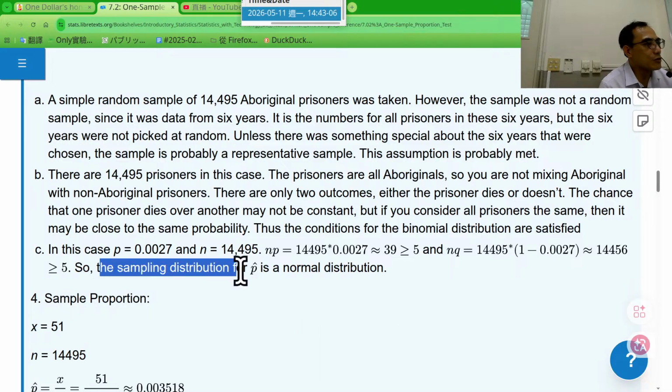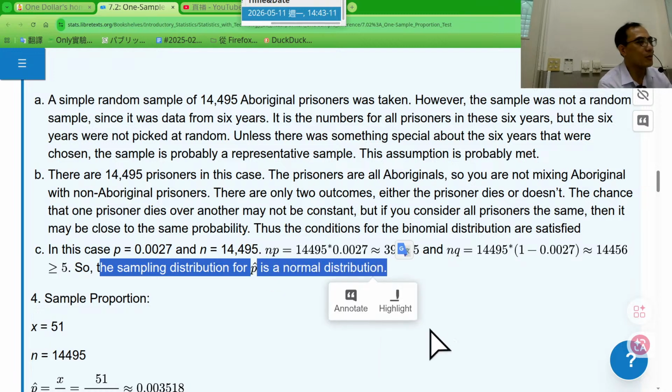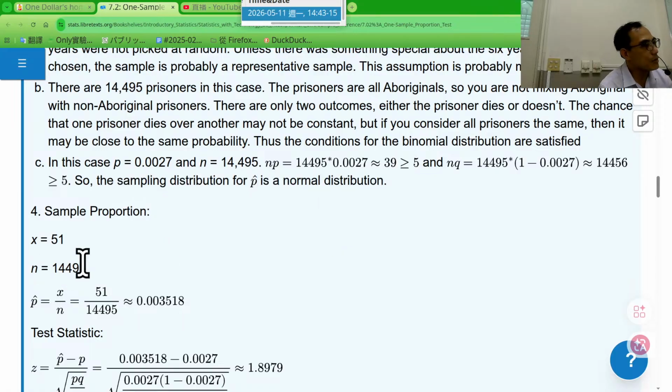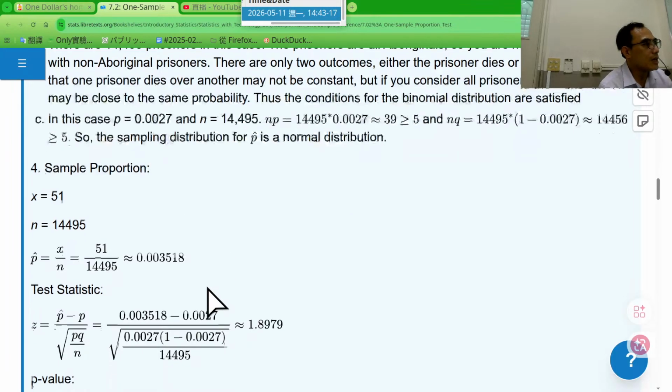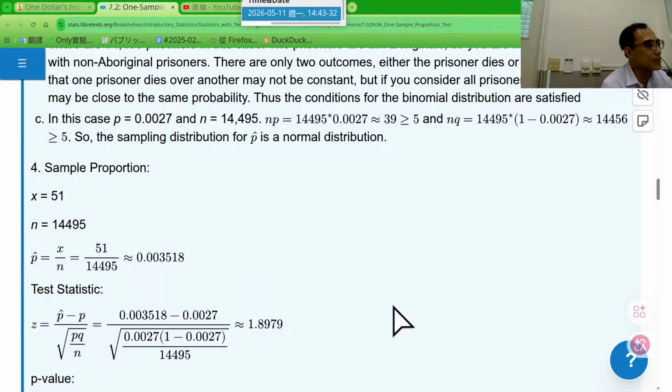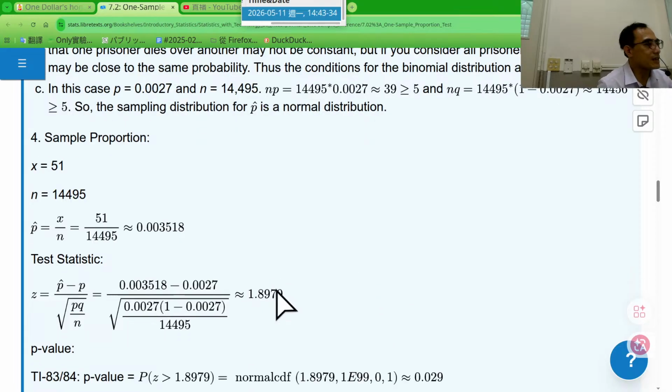So the sampling distribution of p hat is a normal distribution. Then the sample proportion: X equals 51, the deaths, and 14,495, the total number. After calculation, p hat, X divided by N, is close to 0.003518.